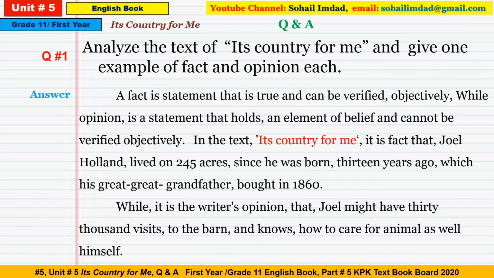In the text It's Country for Me, it is a fact that Joel Holland has lived on 245 acres since he was born, 13 years ago, which his great-great-grandfather bought in 1860. While it is the writer's opinion that Joel might have 30,000 visits to the barn, and knows how to care for animals as well himself.